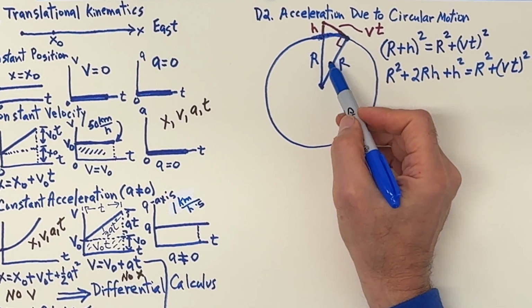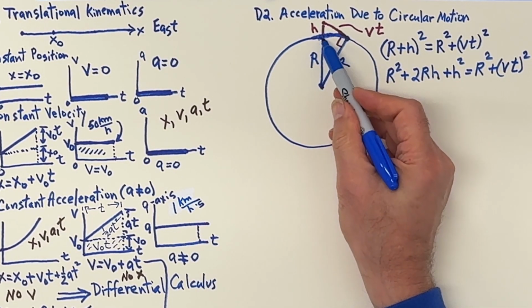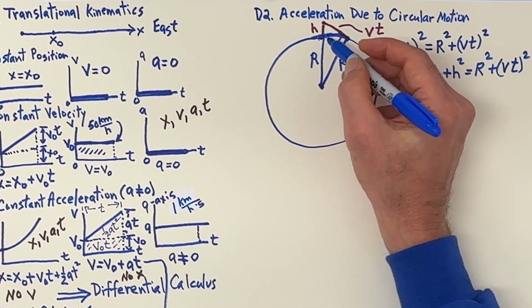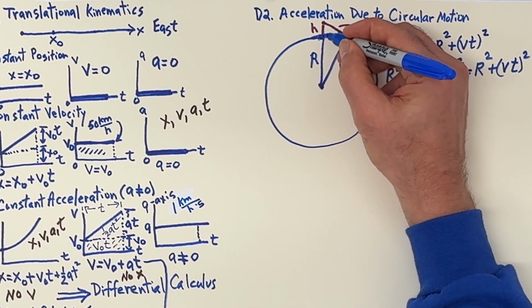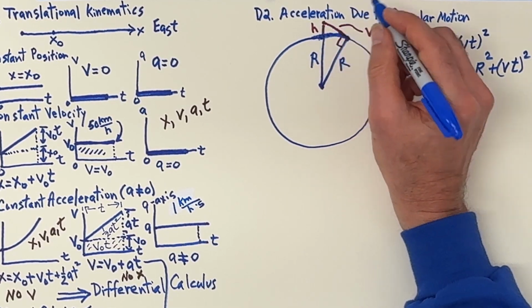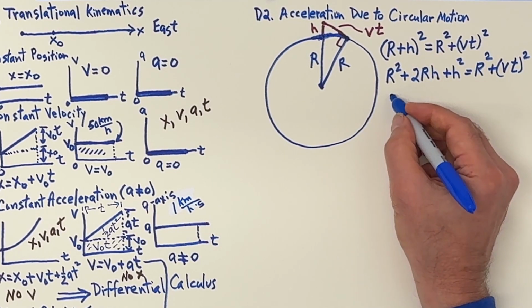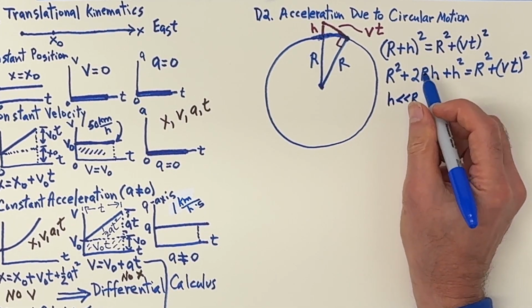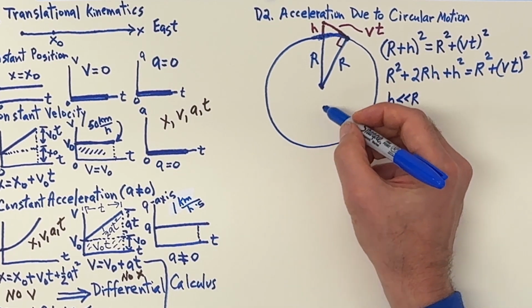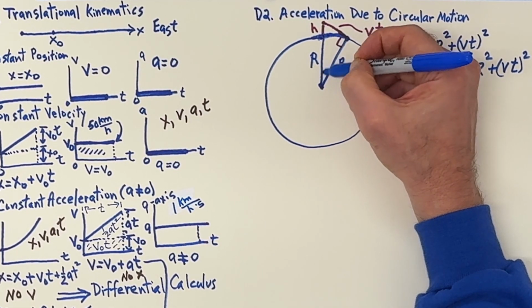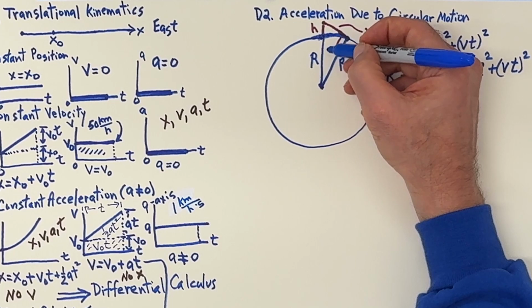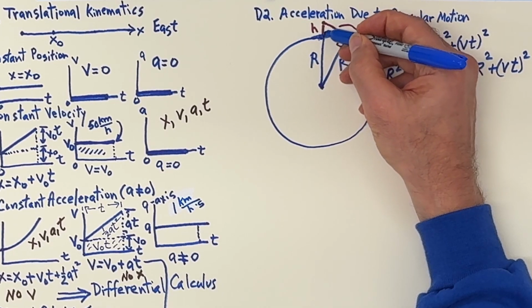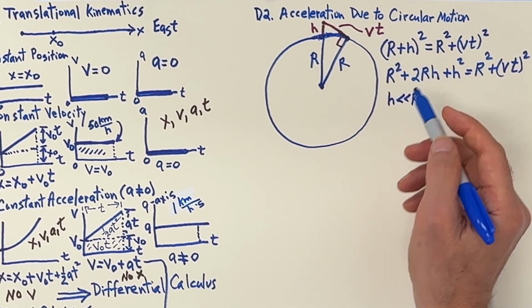Now notice that the H is going to be a lot smaller than the R, especially when we get closer and closer to this point here. If I draw that line up like that, then you see H is going to be even smaller.